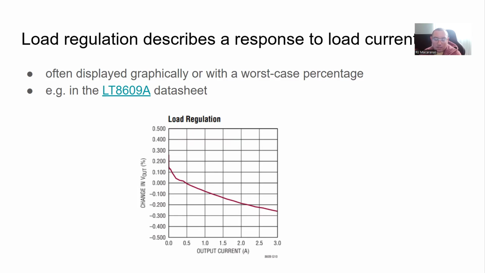So we always want to keep in mind how much that output voltage is going to change due to changes in the output current. And here you can see the output voltage won't change all that much, right? It's changing about 0.2% at worst, in the worst case here. If we suddenly change our output current to 3 amps, we're only dropping about 0.25% of the output voltage.